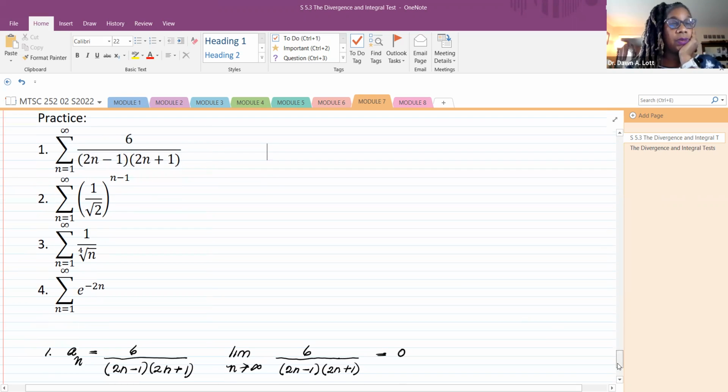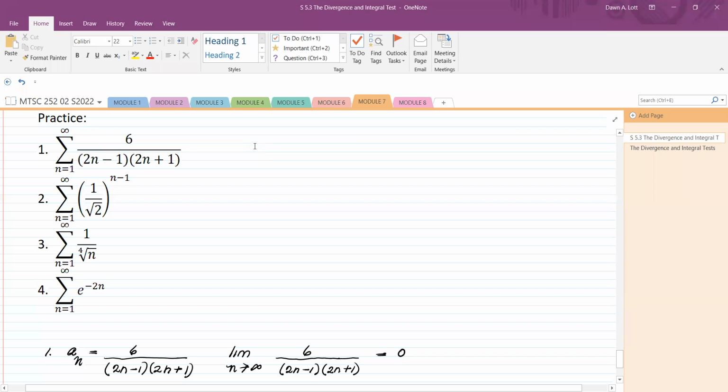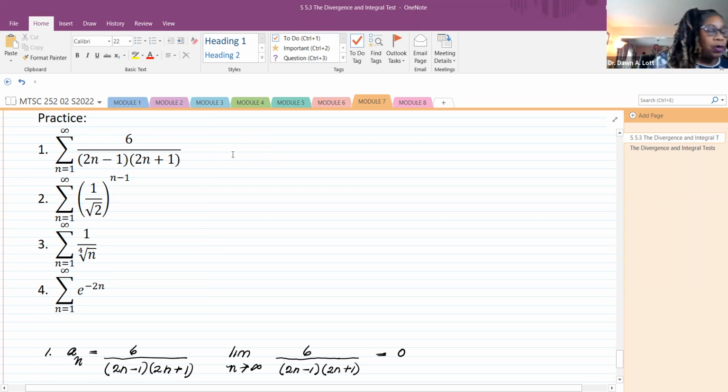Okay, you're getting close. So the first one I can use partial fractions on, right? And then make it look like what kind of series? Telescoping. That's right. So the first one, if I use partial fractions, it'll be a telescoping series.